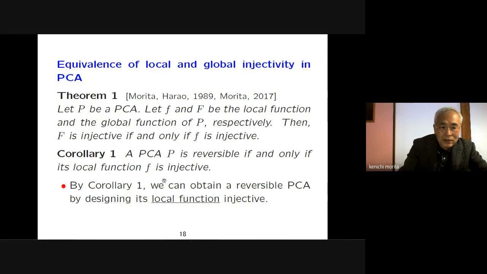Therefore, by this corollary, we can obtain a reversible PCA by designing its local function to be injective. Therefore, such a framework of a PCA helps us to design reversible cellular automata.